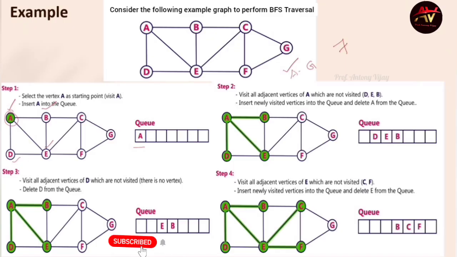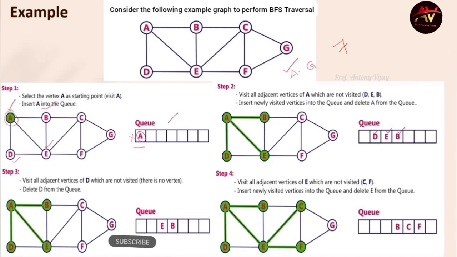Before inserting into the queue, we have to remove the frontmost vertex in the queue. In this queue, the frontmost vertex is A only. So we remove A, and one free space will be there. After that, we add D, E and B, which are all adjacent.